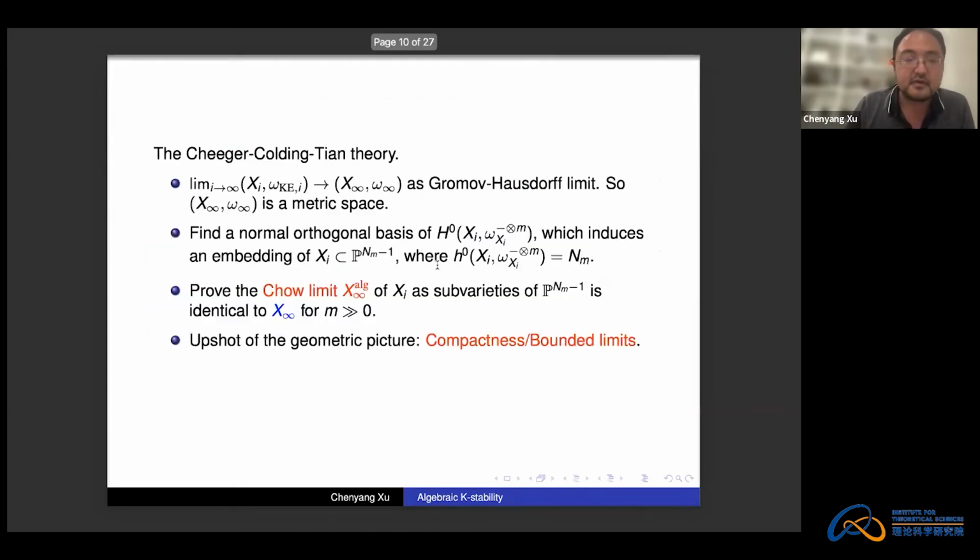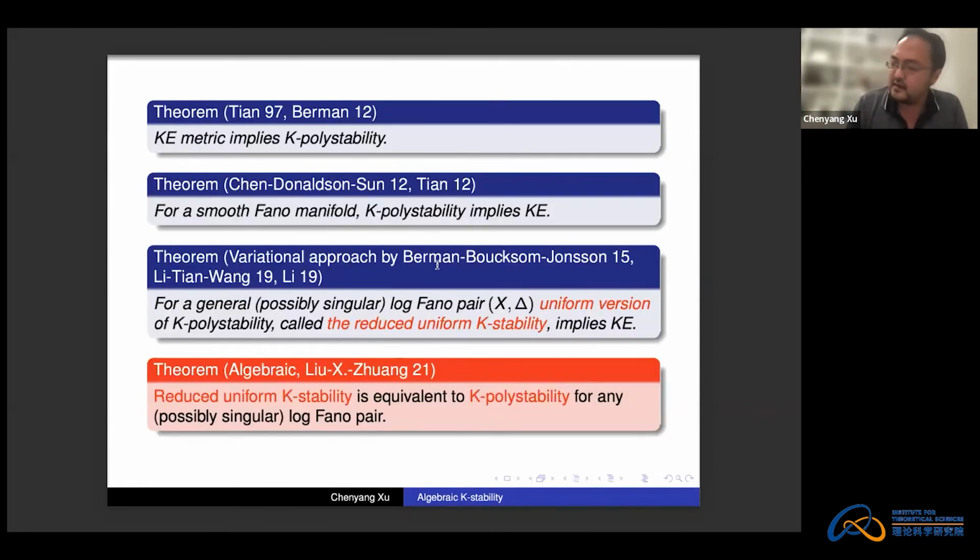I want to explain a little bit about this, give a very quick sketch of all these approaches. So the CDS-Tian work, in some sense, on the differential geometry side, actually gives more information than if you combine the two theorems downstairs.